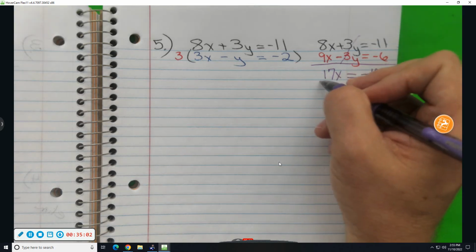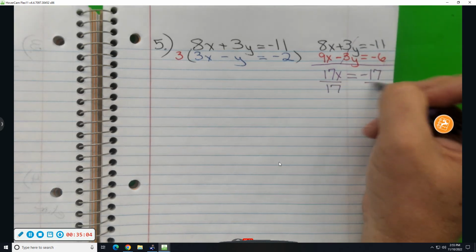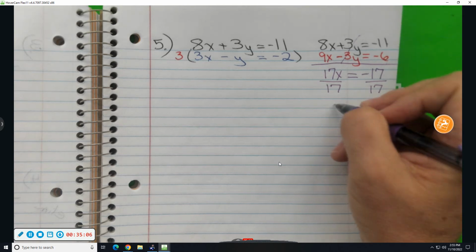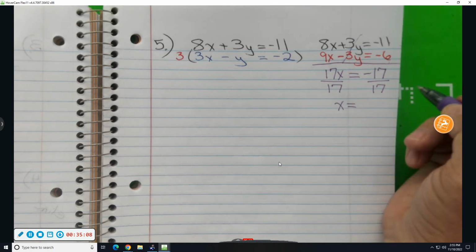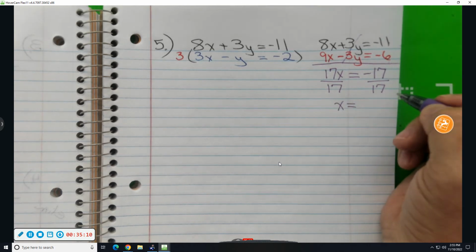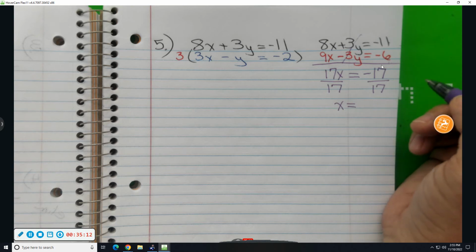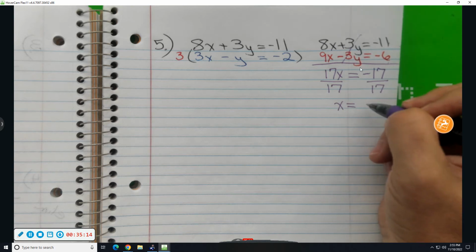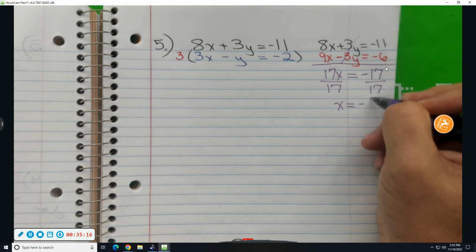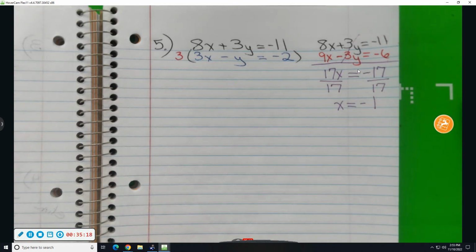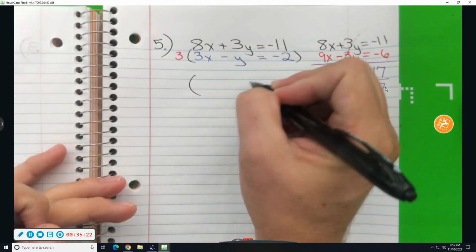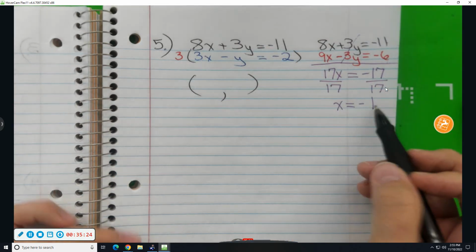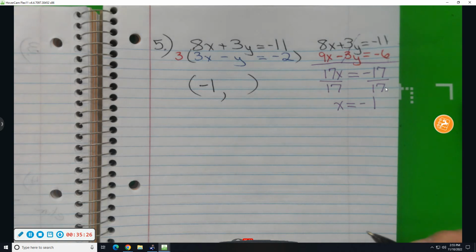Divide by 17, and we get a very nice x value here. These lines are going to intersect when x is equal to negative 17 divided by positive 17, negative 1. So these things are intersecting at an ordered pair where x is negative 1.